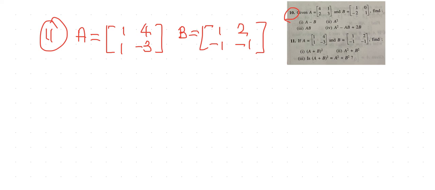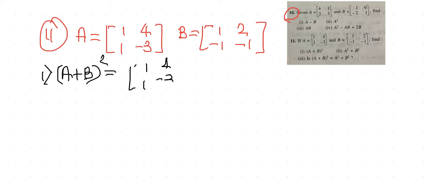Now you are going to get an important conclusion in this, children. That is why I want you all to do this one. So the first one is you have to find A plus B the whole square. So for that, first you will be adding both of them. So how much is this? Equal to A, which is [1 1; 4 -3], and then this is being added to [1 -1; 2 -1].